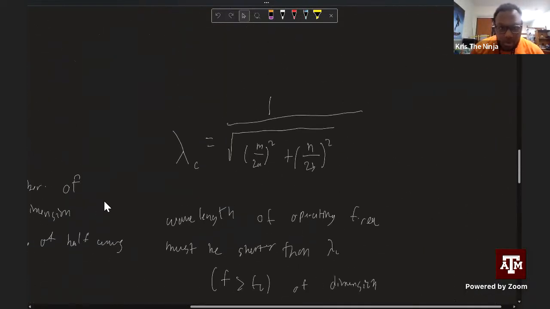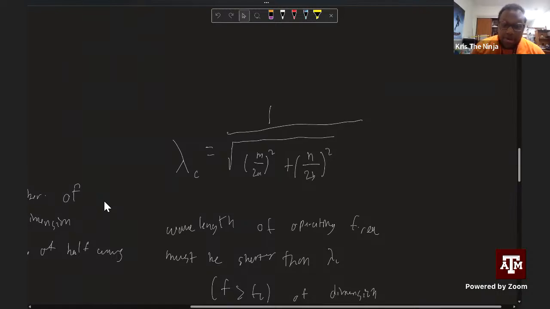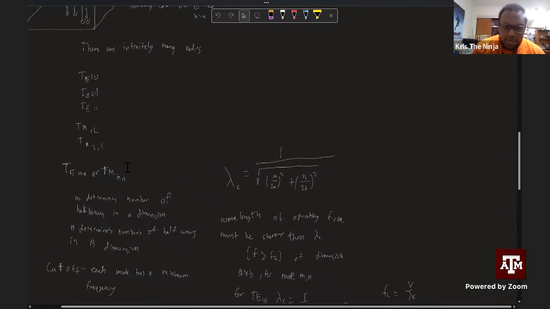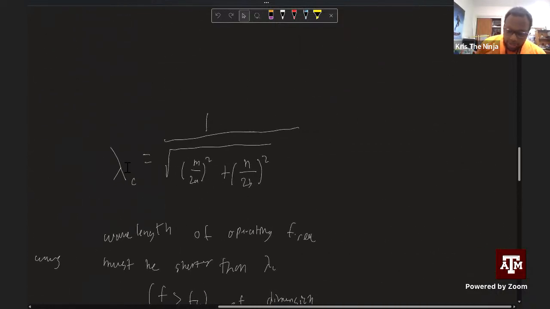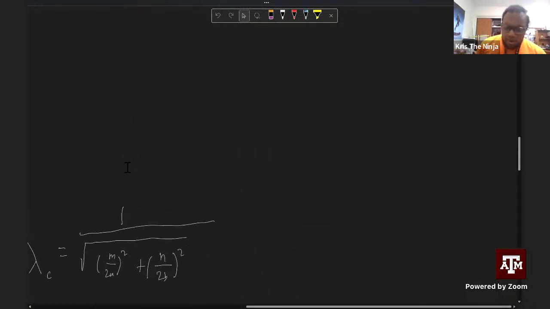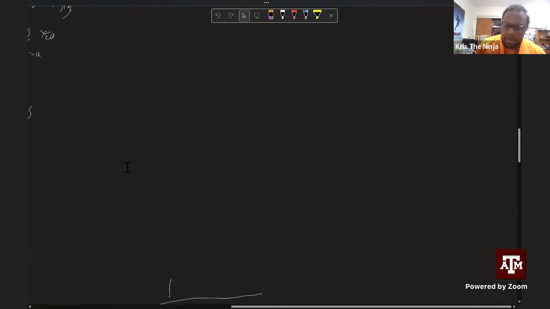So how would you find the wavelengths? Just to throw out an equation, if you're trying to find the cutoff wavelength, you need to have M, N, A, and B. As an example, let's make up a waveguide cutoff frequency problem.